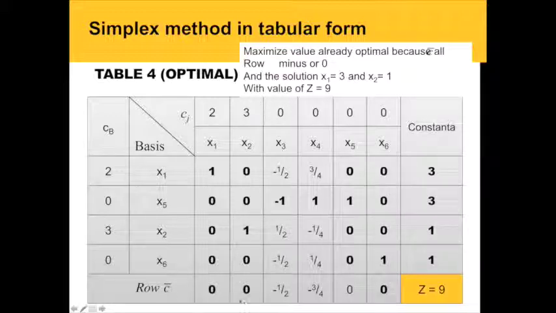You can see row C is already minus or 0, with no positive value, and of course you can see the x1 value will be 3, the x2 value will be 1, and the z result came from x1 times 2, which means 3 times 2 plus 3 times 0 plus 1 times 3 plus 1 times 0, okay? So it will become 9.